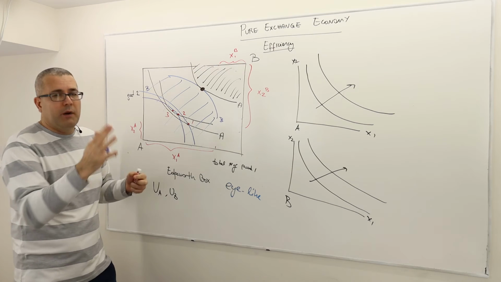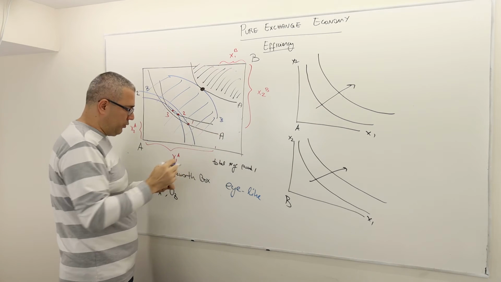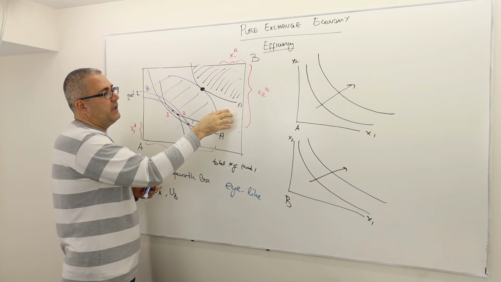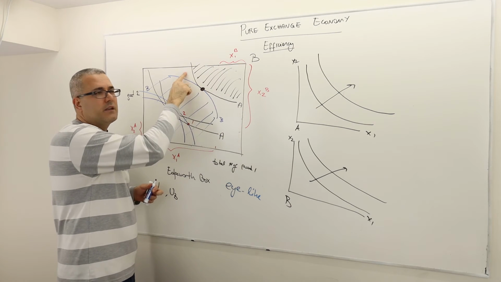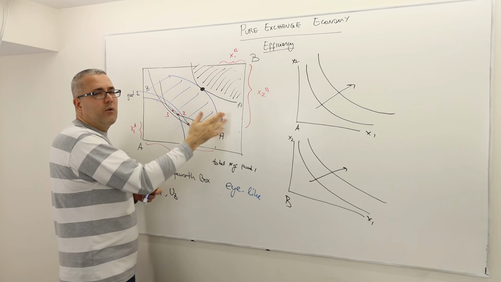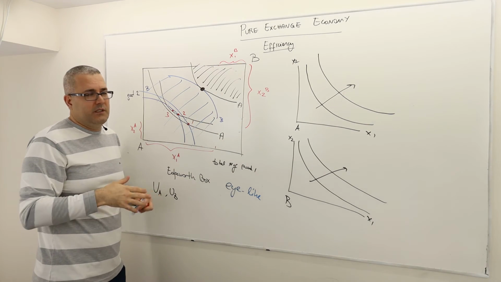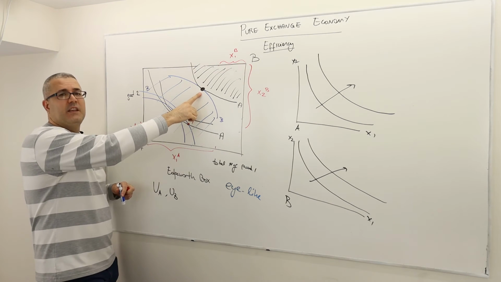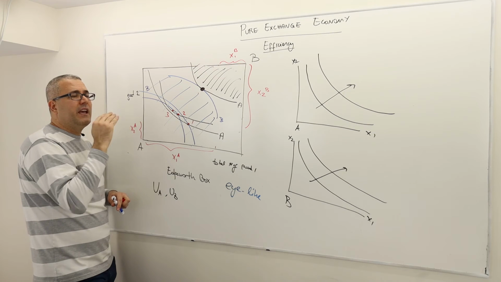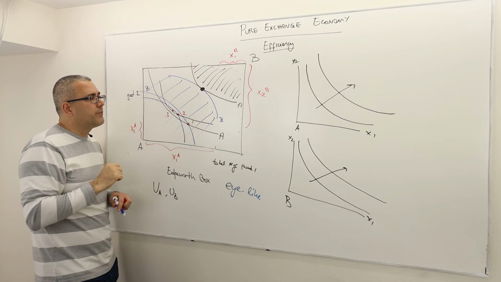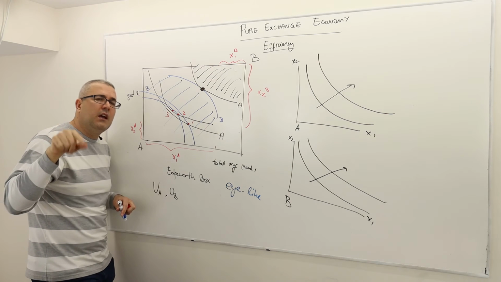By the way, I did not really put anything here because these are where both agent A and B get worse off. Same here. So if you pick some point here or here, both agents are worse off, so it's definitely not an improvement. So if the agents' indifference curves are tangent to each other at some point, not crossing, but tangent.